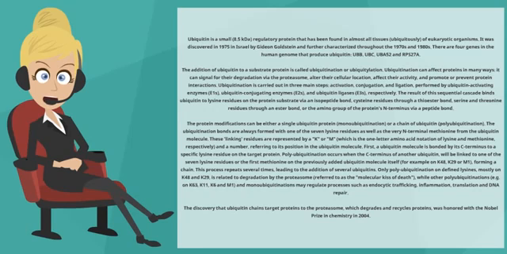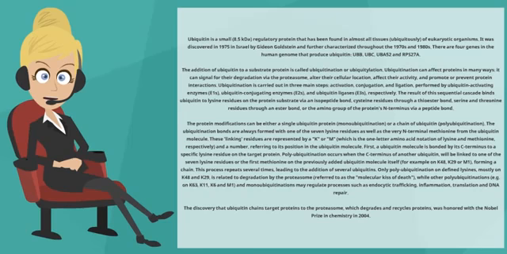Ubiquitination can affect proteins in many ways. It can signal for their degradation via the proteasome, alter their cellular location, affect their activity, and promote or prevent protein interactions. Ubiquitination is carried out in 3 main steps: activation, conjugation, and ligation, performed by ubiquitin-activating enzymes E1s, ubiquitin-conjugating enzymes E2s, and ubiquitin ligases E3s, respectively.